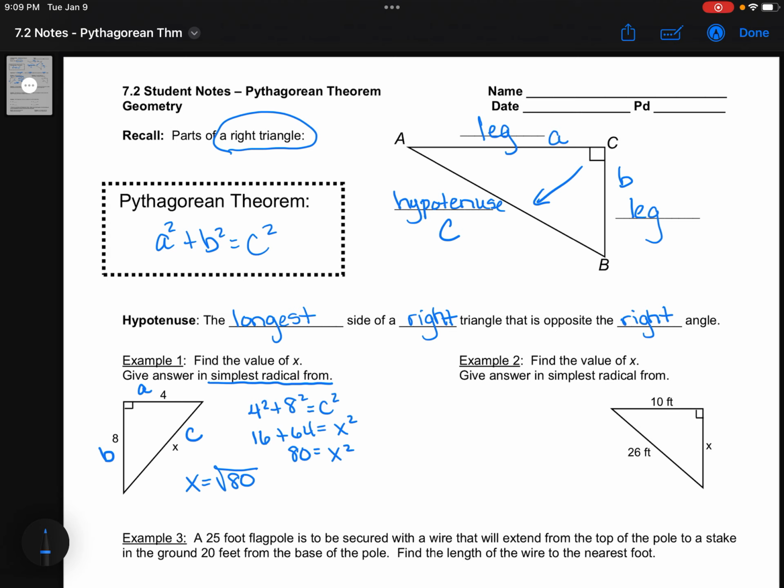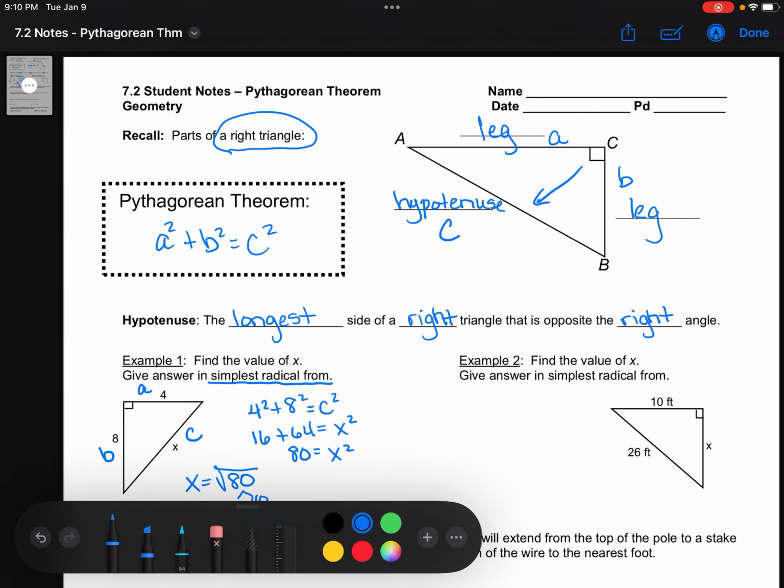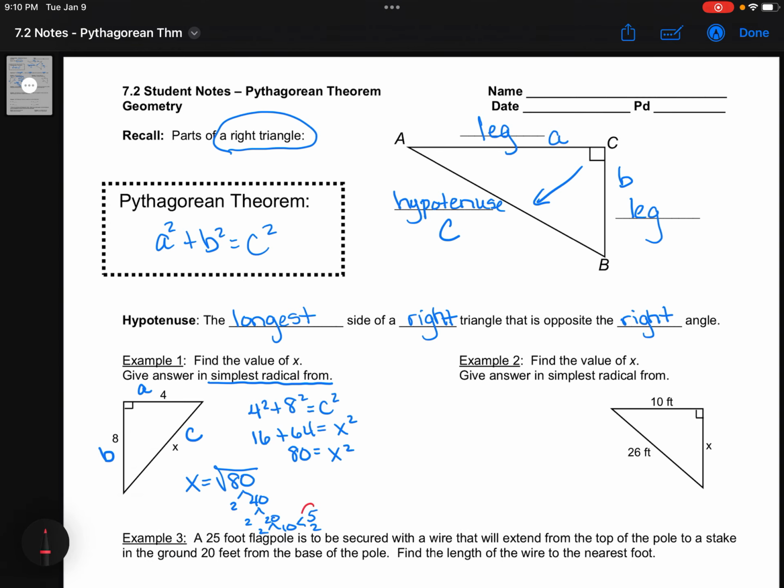And the square root of 80 is, just start: 2 and 40, 2 and 20, 2 and 10, 2 and 5. So what I'm doing is I'm looking for sad and lonely, stays inside.